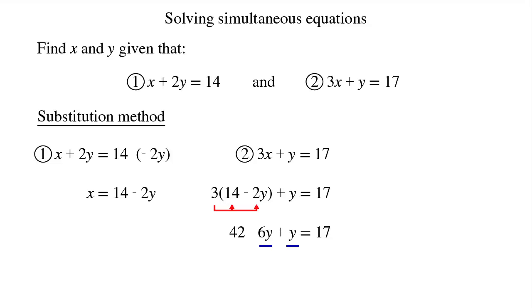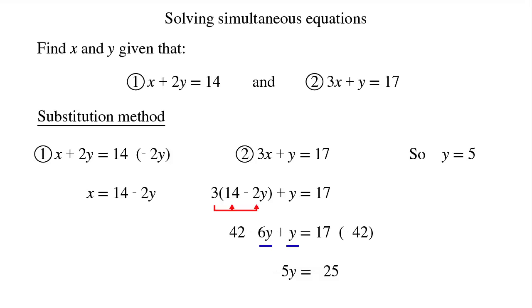If we perform the calculation, this gives us minus 5y. And we can isolate the y term by subtracting 42 from both sides. And this leaves us with minus 5y is equal to minus 25. What number multiplied by minus 5 gives us minus 25? Well, that's 5, so y is equal to 5.